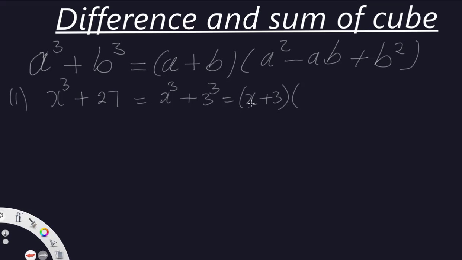Then we open the brackets because a plus b. So we have a squared, which is x squared, minus ab, so we have 3 times x. Then plus 3 squared, which means 9. Simple.